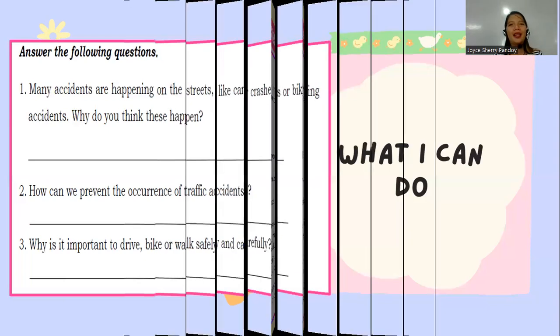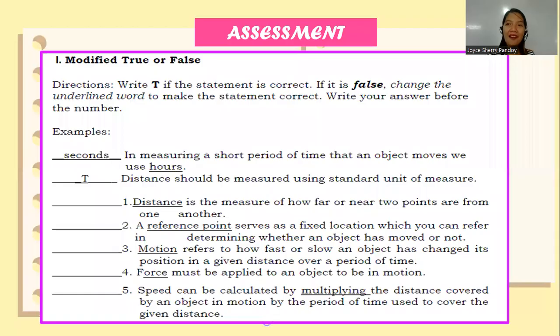Next. Now let us have the assessment. I believe you fully understood our lesson this morning. So I am sure that you can answer this part. It's a very important part of your module, the assessment. Now, there are two parts of the test for assessment.